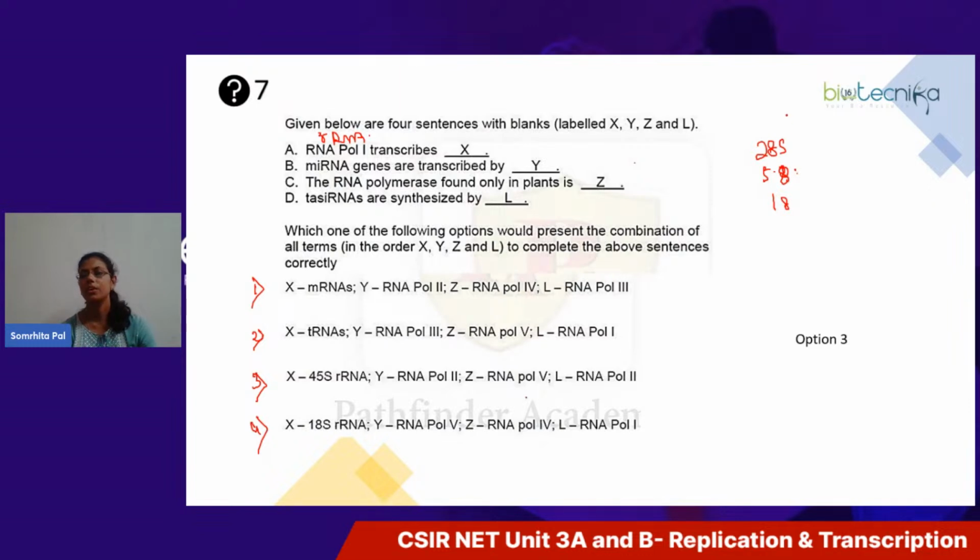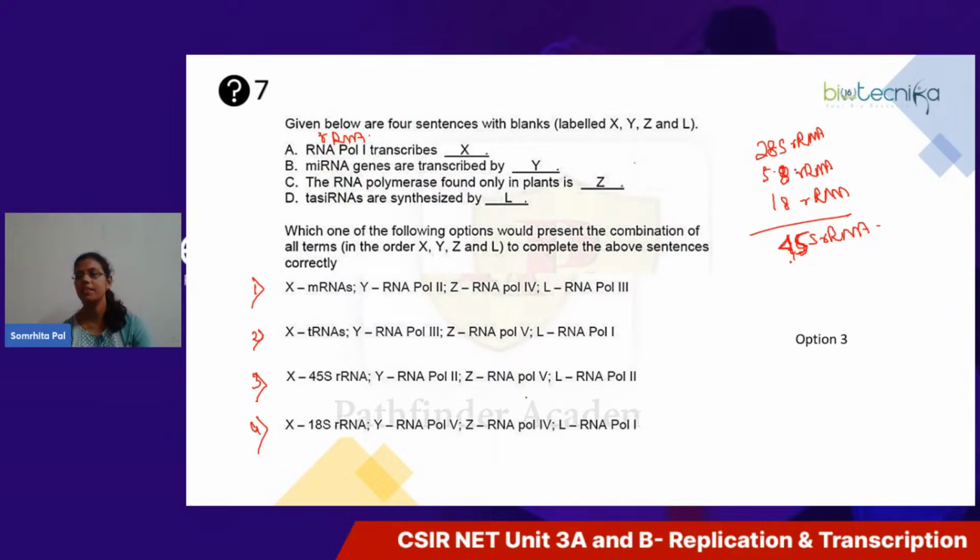We all normally study like this, that polymerase 1 transcribes these rRNAs. But what is it in total known as? It is your 45S rRNA. So in total, this comes to as 45S rRNA.